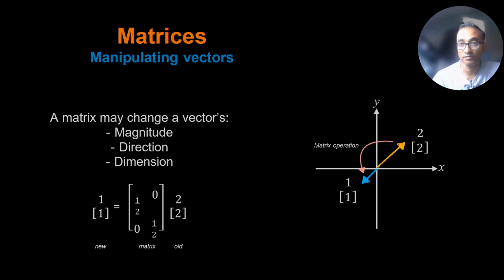You multiply it with a given matrix, and you will see a new vector which has the same dimension, 2 rows and 1 column, but it has the elements 1 and 1. So the magnitude now has been altered.